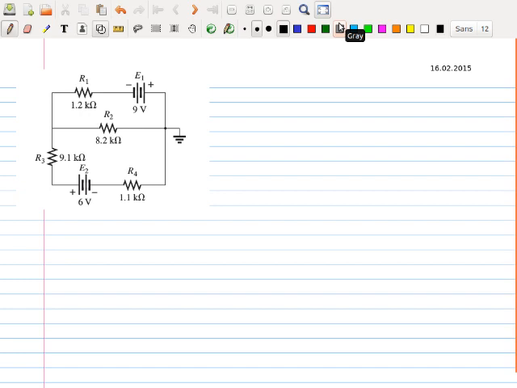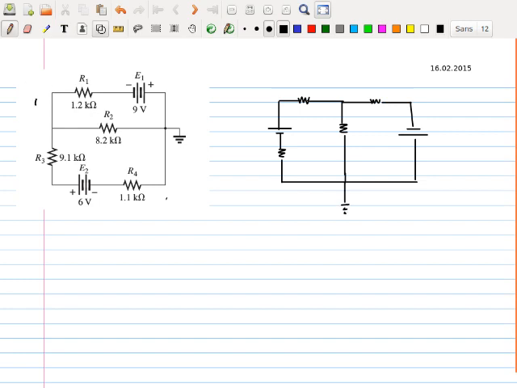Now I'm almost sure if I take this and redraw it, it's definitely going to make you a little bit happier. See, now this is something that you have seen before.